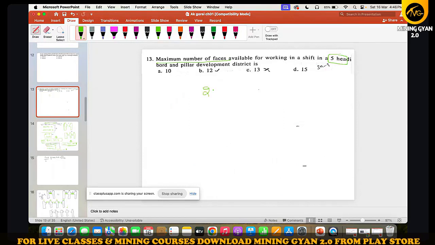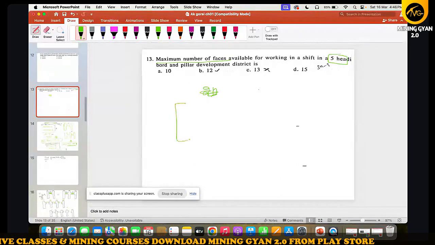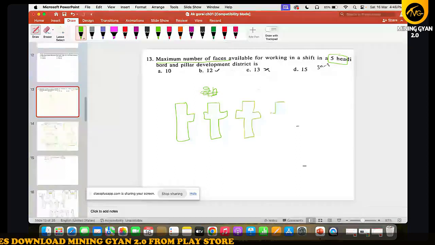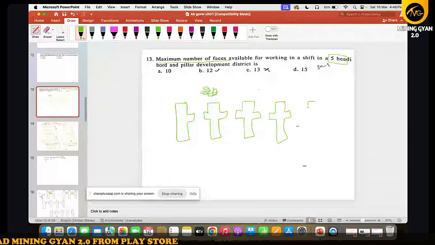Okay, so our formula for the maximum heading we have already derived, or if you forget the formula in the examination, then first go with the basics. Okay, now calculate each individually.